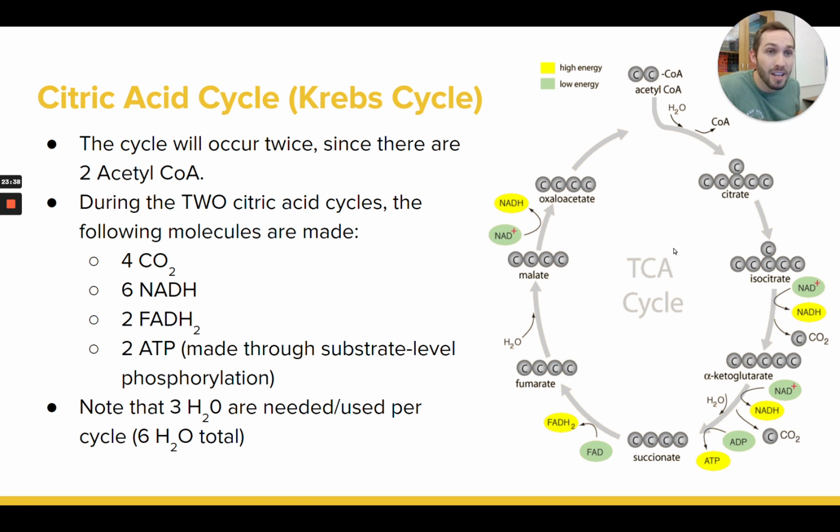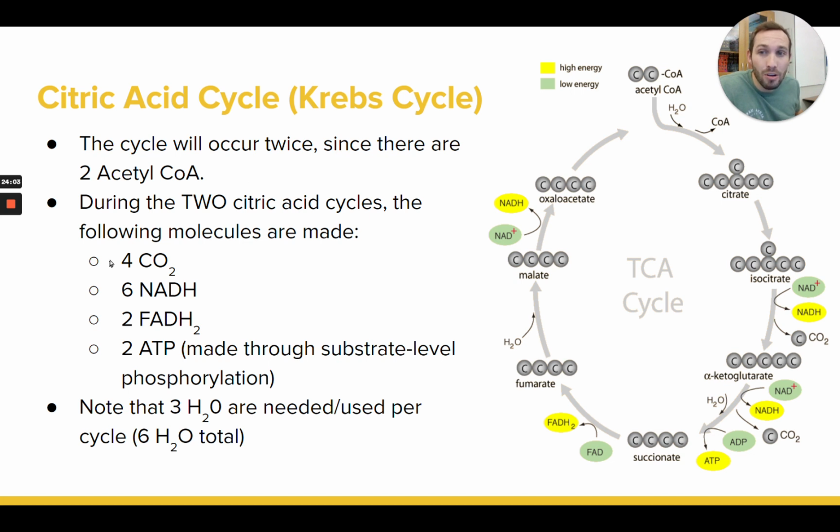And in every Krebs cycle, you make 3 NADHs, 1 FADH2, 1 ATP, and 2 molecules of CO2, which explains why we go from 6 to 4 carbons. Okay, that's a lot. You guys got to memorize that. That's what's made during the Krebs cycle.